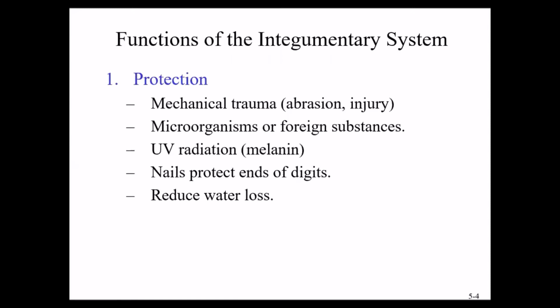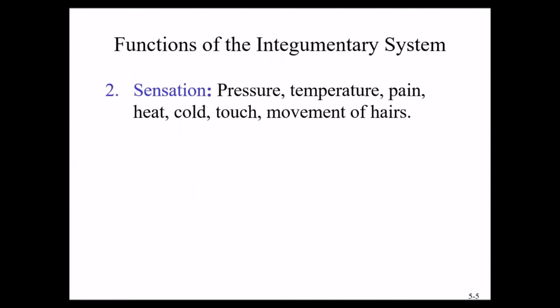And then also it helps to reduce water loss and maintain fluid balance by trying to retain any water that it has, and you have like an oily surface or secretion on the outer part of the epidermis of the skin that helps to prevent any type of water loss.